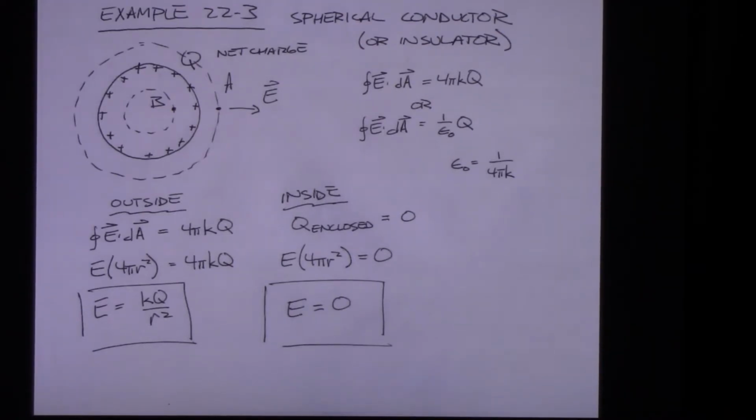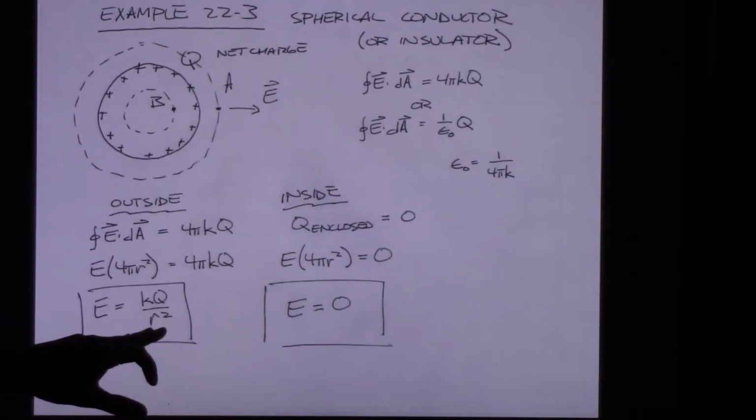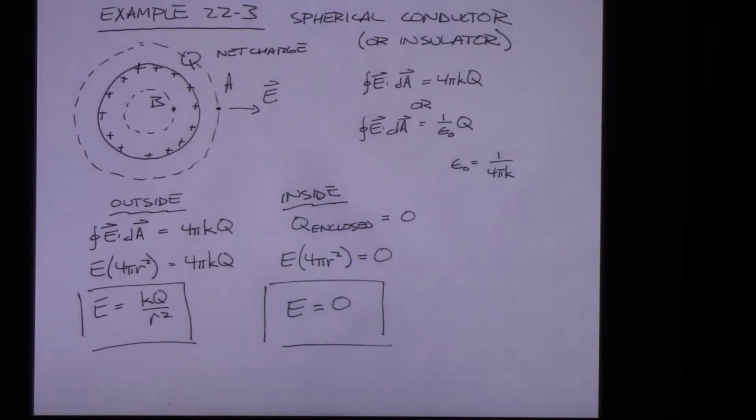Now Gauss's law works because the electric field behaves like 1 over r squared. In fact, the fact that Gauss's law correctly predicts electric fields kind of guarantees us that the electric force behaves exactly like 1 over r squared. If it wasn't exactly 1 over r squared, Gauss's law wouldn't work.